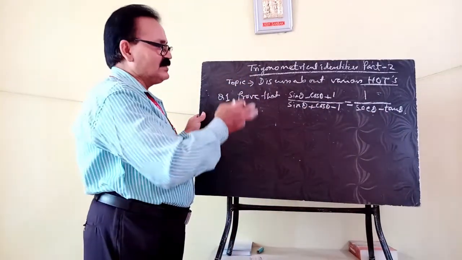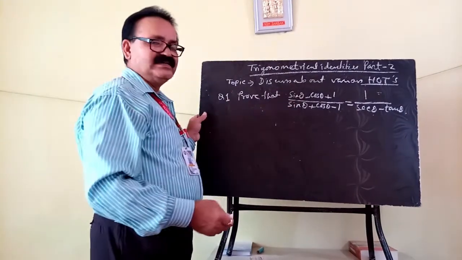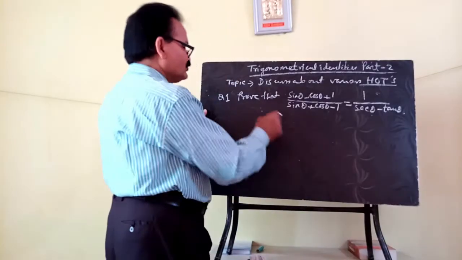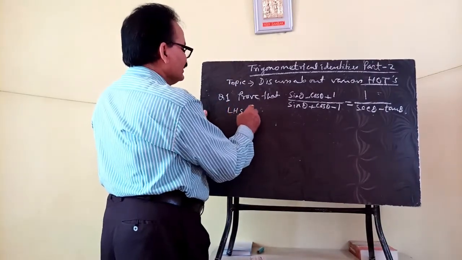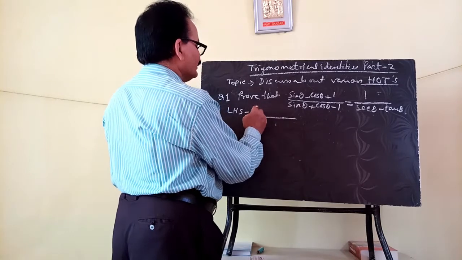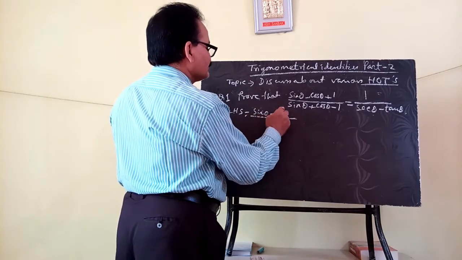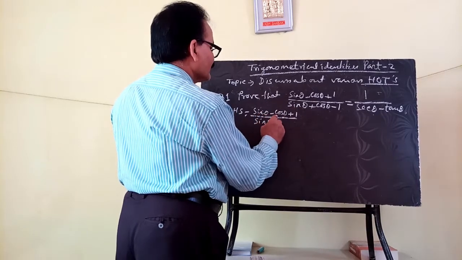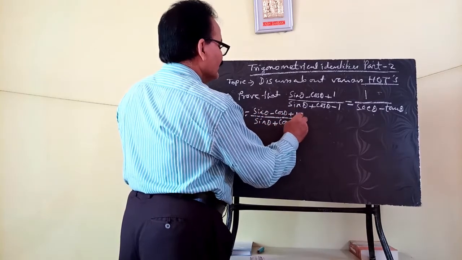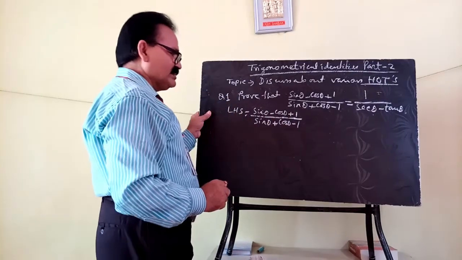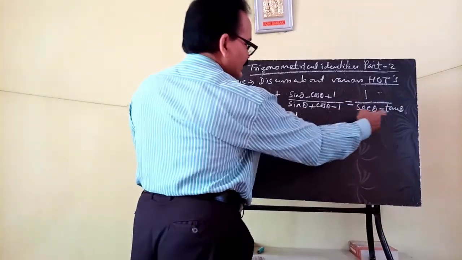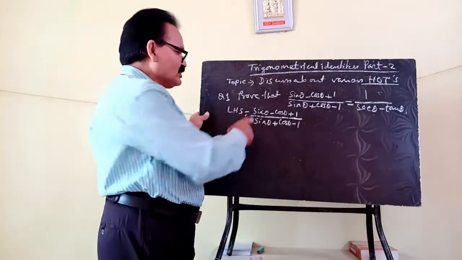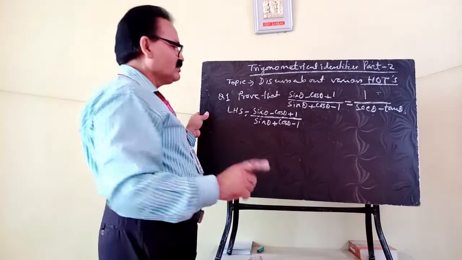While solving this type of question, you always have to keep in mind the form of your RHS. In your RHS, that is sec and tan. So first write the whole LHS, sin theta minus cos theta plus 1 by sin theta plus cos theta minus 1. Now, to get sec and tan, you must divide both numerator as well as denominator by cos theta.